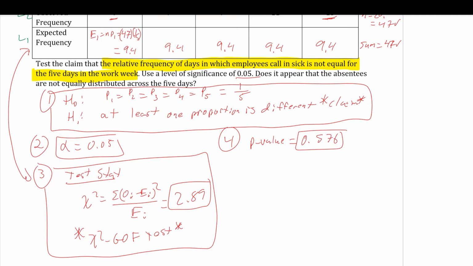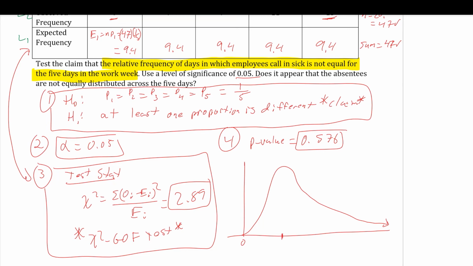Well, it's chi-squared, so we use a skewed-to-the-right type of graph. It starts from 0 and peaks somewhere. The peak is usually around the number of degrees of freedom. In our case, degrees of freedom was, what was it, 3? No, 4. So the peak is somewhere around there. Our test stat of 2.89 is around there too.